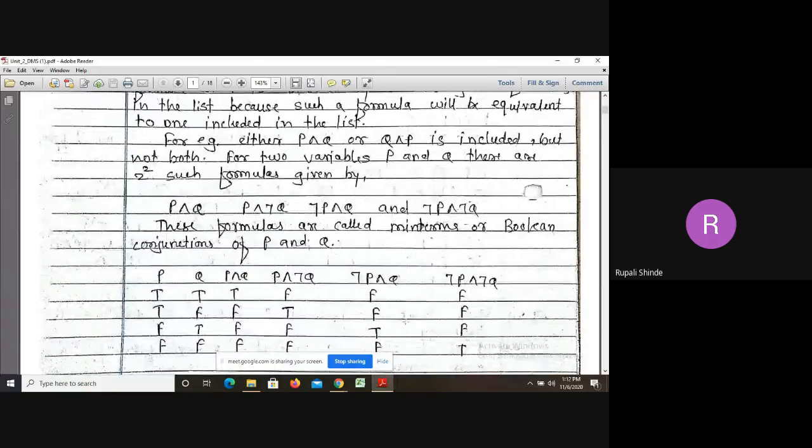Now here we have formed a truth table for each and every minterm.